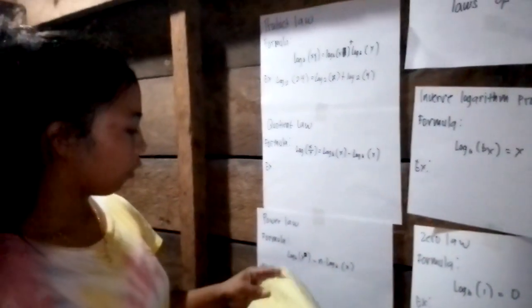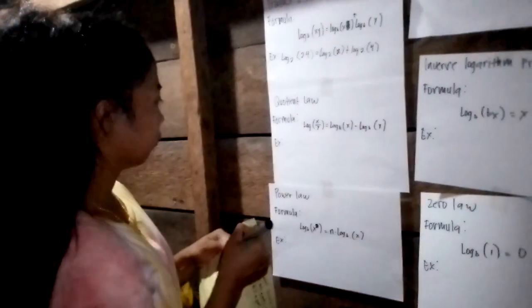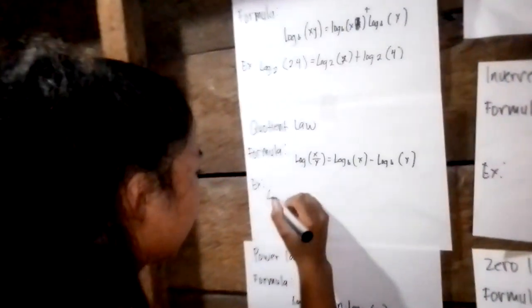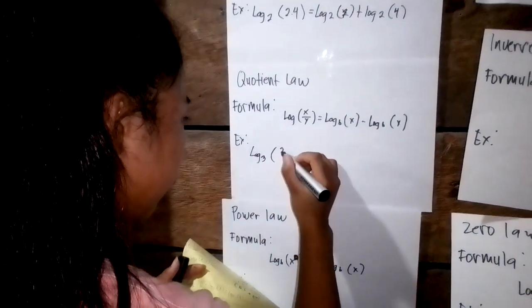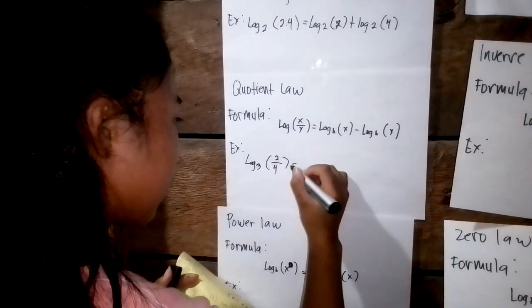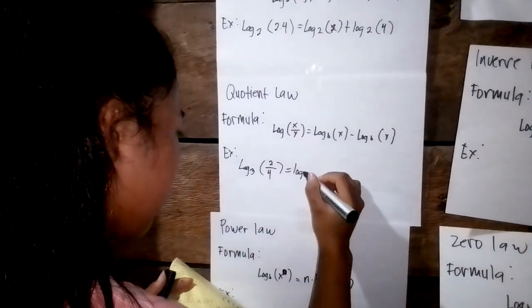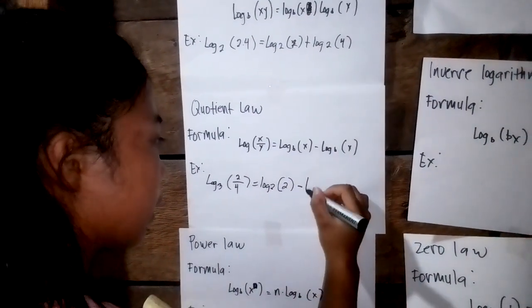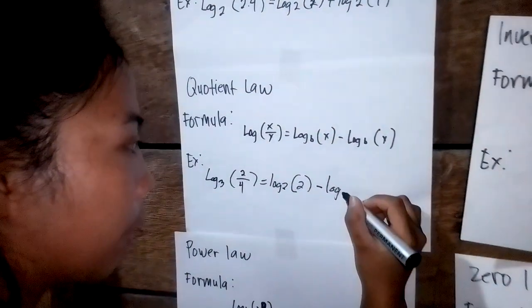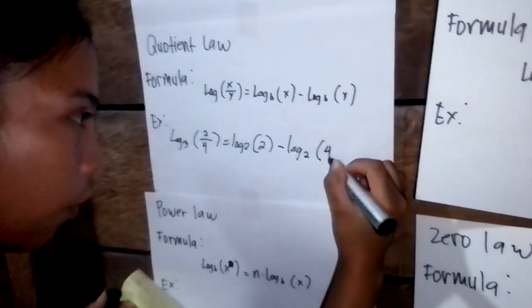The example of the quotient law: log base 3 of 2 over 4 is equal to log base 2 of 2 minus log base 2 of 4.